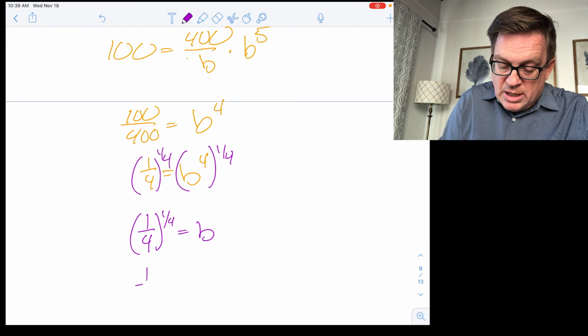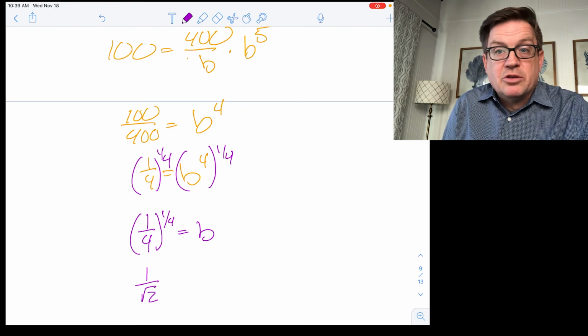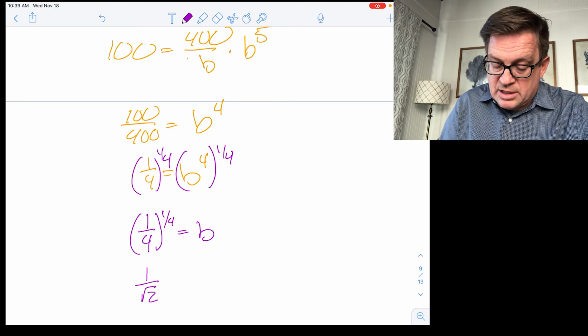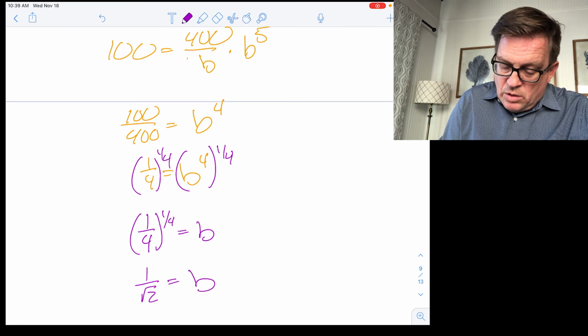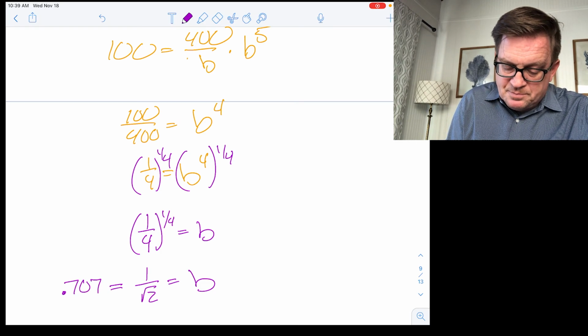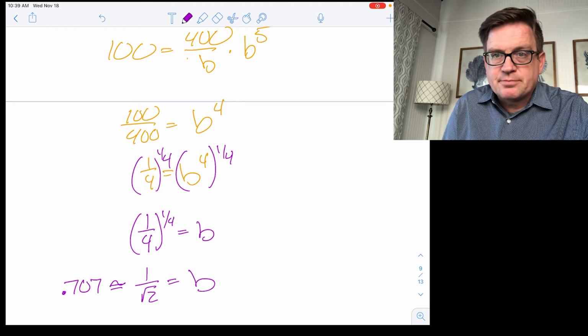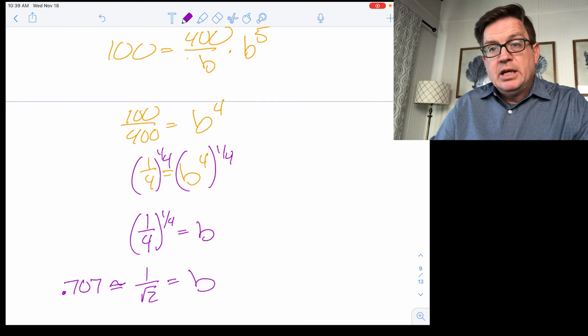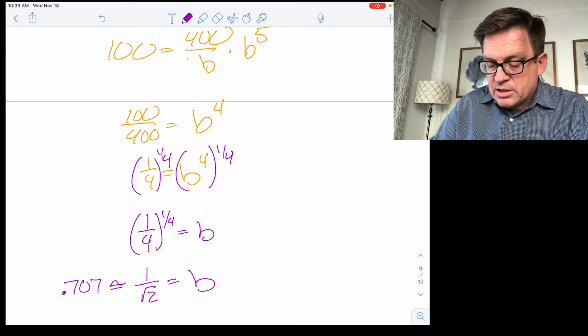And so you end up getting the square root of 4 in the denominator. But if you just do it on your calculator, that comes out to approximately 0.707. So B, the growth factor, is 0.707.